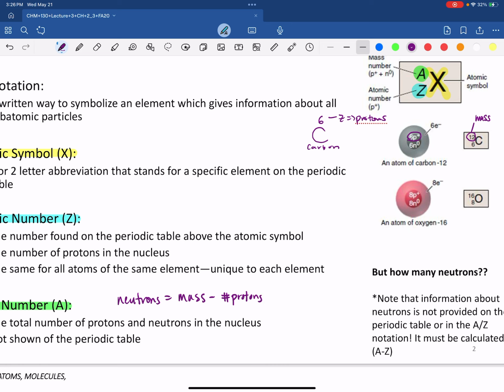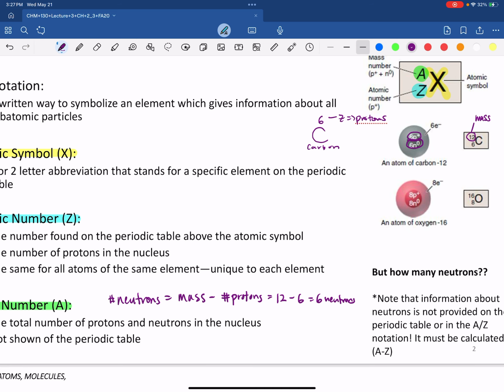Because the total mass is protons plus neutrons, so the number of neutrons has to be equal to the mass minus the protons. So for carbon, it's going to be 12 minus 6. 12 is in the top left-hand corner there, that's the mass. 6 is the atomic number or the number of protons. So you end up with 6 neutrons, right? And that's why if you look in your little picture here, it says 6N0 or 6 neutrons, okay?